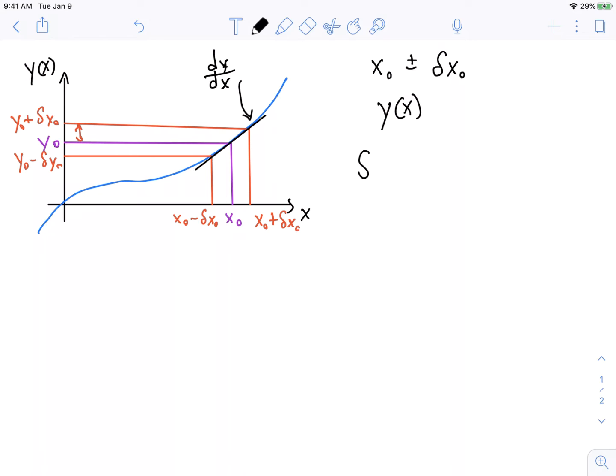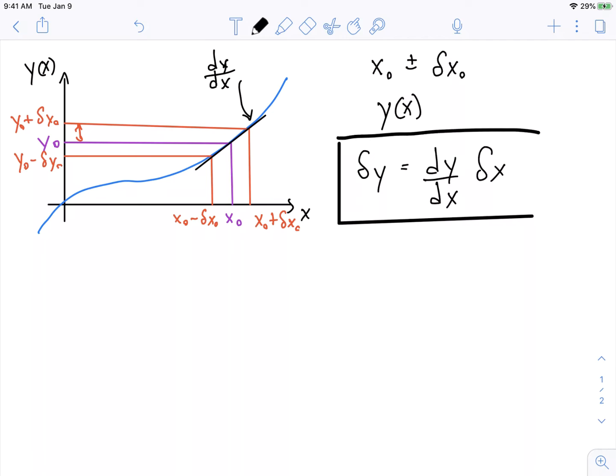So let's write that out. The uncertainty in y is equal to the change in y with respect to x times the uncertainty in x, right? So this is maybe the basic, most fundamental formula for doing error propagation using calculus. And a bunch of the rules that you have are actually based on this formula.